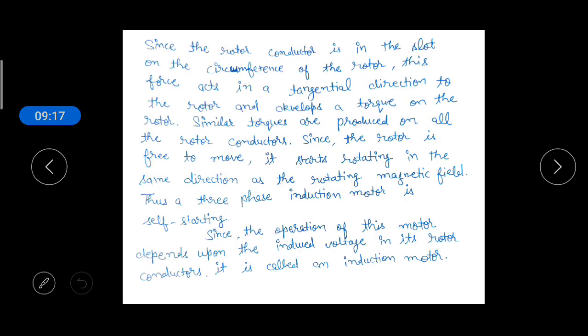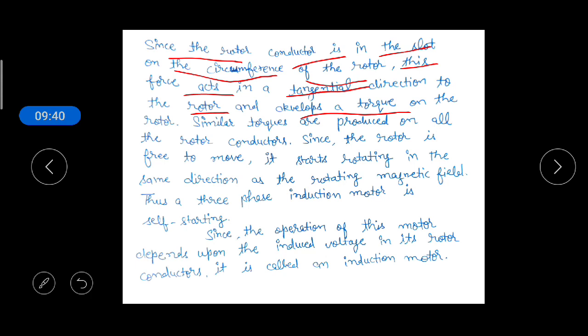Now, since the rotor conductor is in a slot on the circumference of the rotor, and we have considered only one rotor conductor, this force will act in a tangential direction. Obviously it will act tangentially to the rotor and develop a torque.